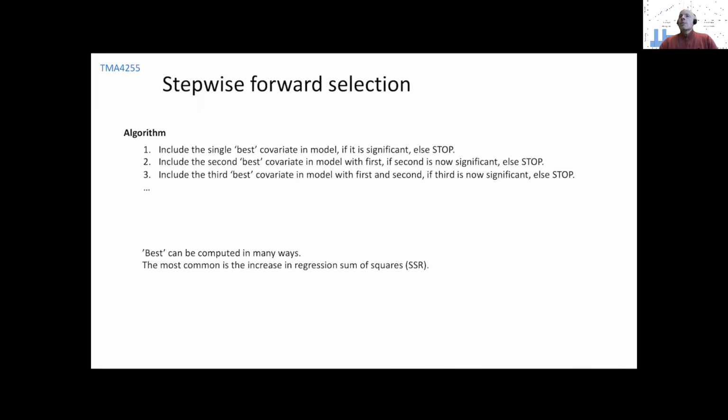We can then try to add one more together with this first one we selected. Is this also significant? Then we go on. And then we try the third one. Does this add something when it's combined with the first 2? Then we add it, otherwise we stop, and we go on like this. So this is called stepwise forward selection.